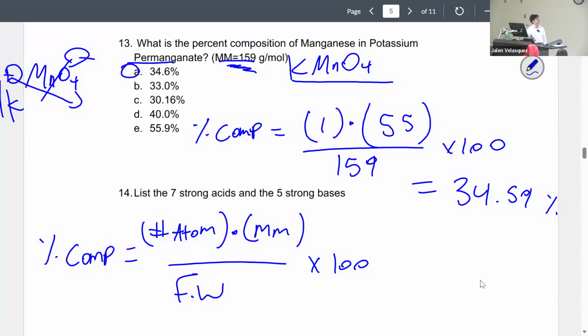Okay, any questions with percent composition there? Good on that? Any questions? Okay.